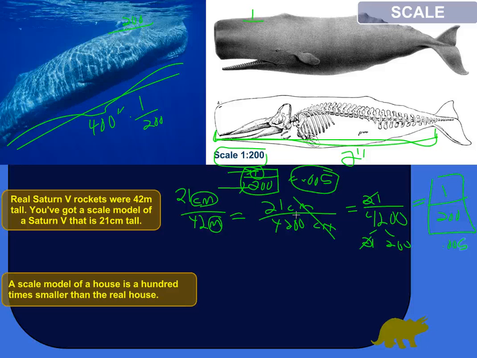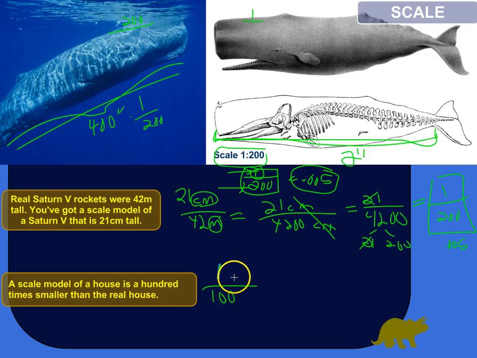Alright, a scale model, let's look at this last one. A scale model of a house is 100 times smaller than the real house. So we want the scale factor of the scale model to the real house. So of the scale model to the real house, if it's 100 times smaller, what we could say is the real house would be 100 and the scale would be 1.